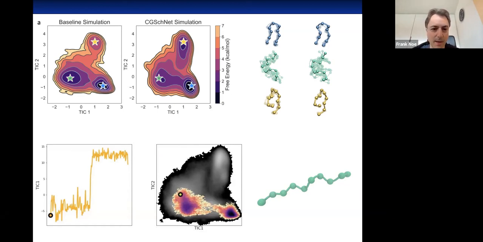The aim is to learn a transferable coarse-grained protein force field, which is something that doesn't really exist or only works with a lot of limitations.